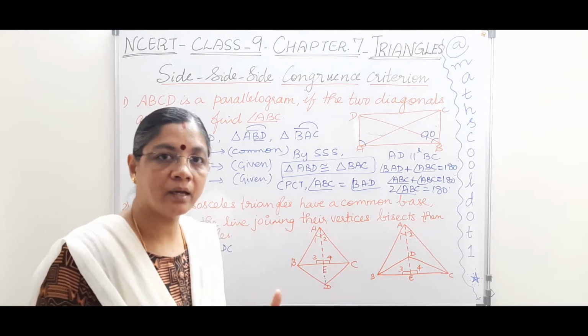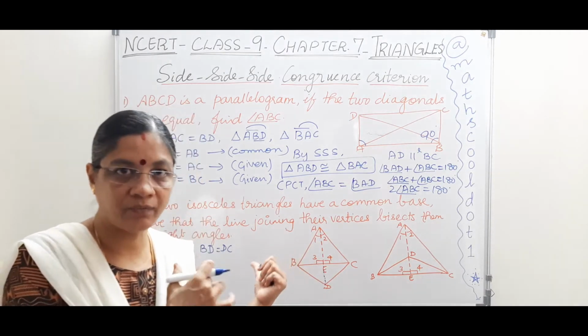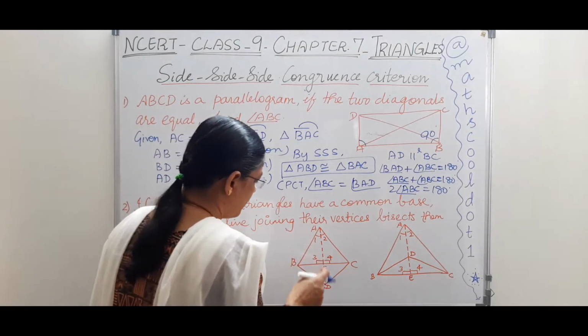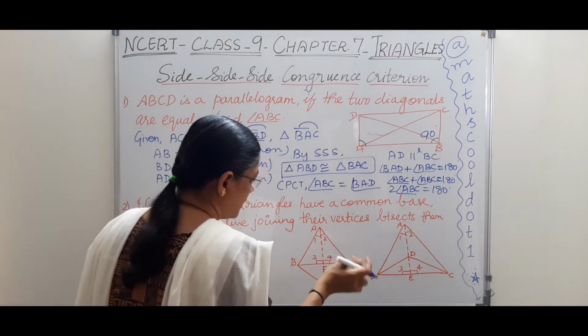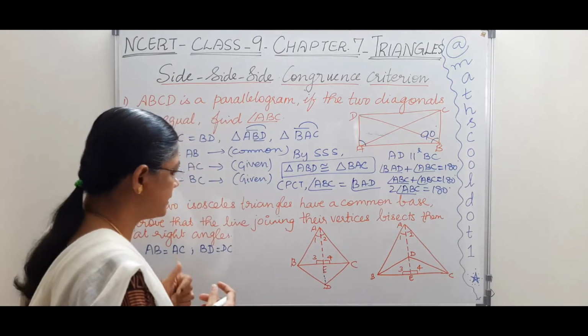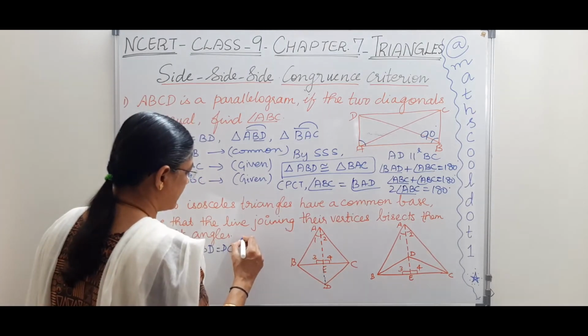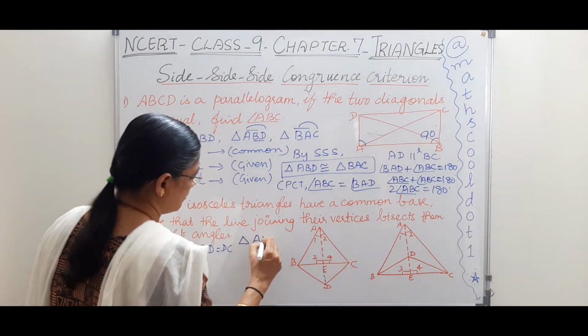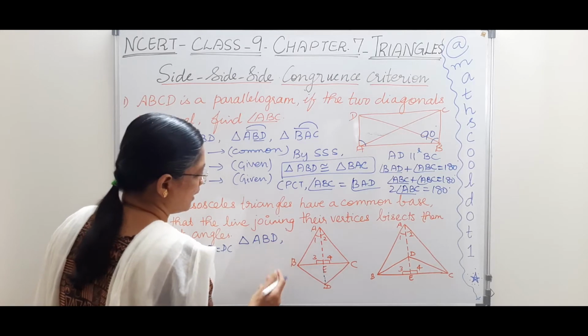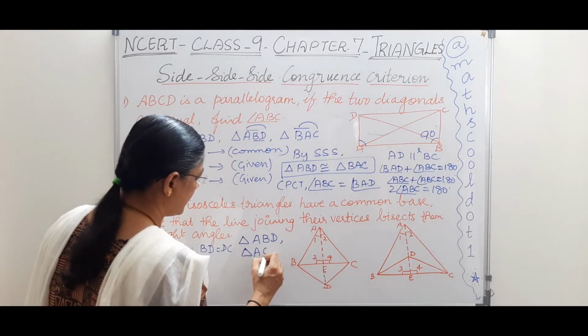So I can take those two triangles which have all the three sides we have stated now. See, AB, AC, BD, DC, and this common side. So let us take the triangle ABD and triangle ACD.